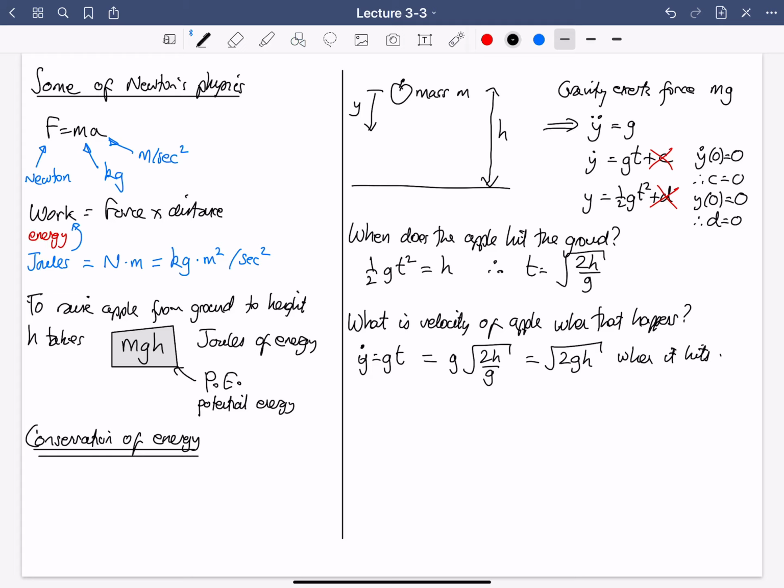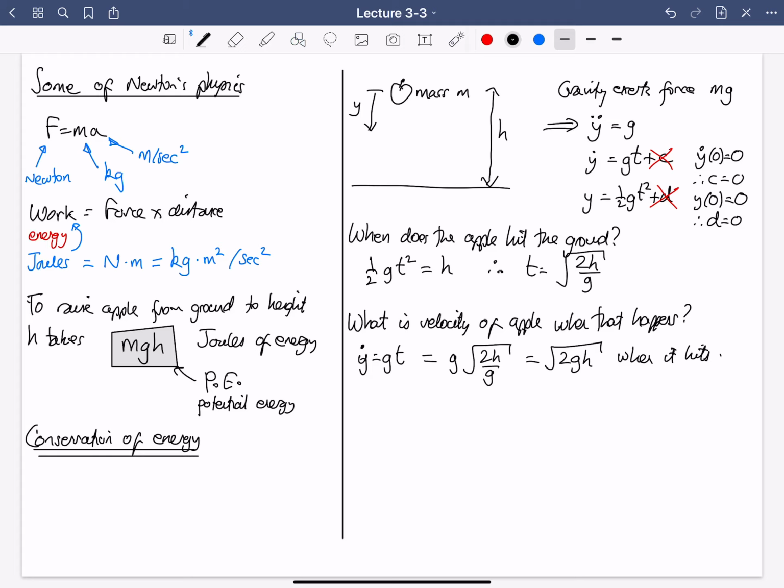So when that apple's sitting on the ground, to lift it to height h, you need to put in mgh joules of energy. That energy goes into the apple. So now the apple has mgh joules of potential energy stored in it. You will have done a little bit of work to do that. So you will have burnt a little bit of energy yourself. You will have burnt mgh joules of energy, which will have gone from you into the apple.